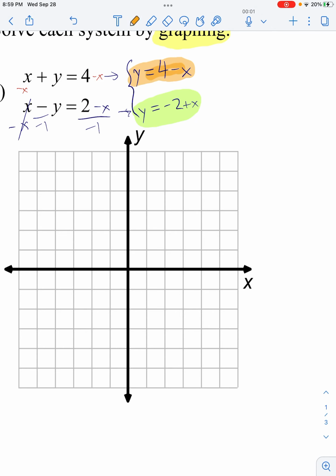The y-intercept is +4, so we're going to plot 0, 4 right here. Slope is -1, so I'm going to go down 1, to the right 1. Then plot that. Let me just draw a line through those 2 points, okay? So I plotted that first line.